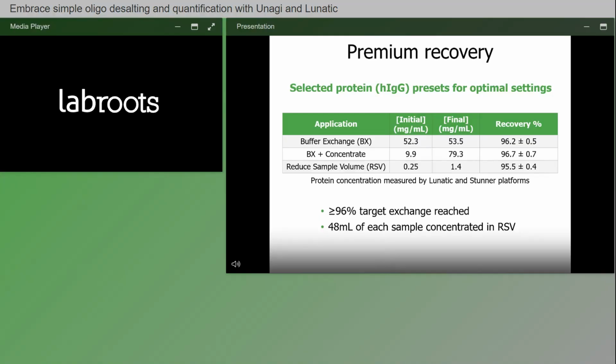And then in the case of reduced sample volume, we've gone from 48 milliliters down to a volume that we actually want to work with. I always love talking about those kinds of concentrate or reduced sample volume applications because I always imagine being in lab and diluting something too much and going, oh no, what do I do now? Unagi can actually solve that problem.